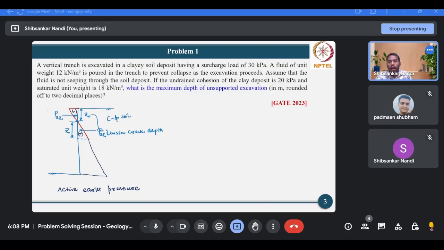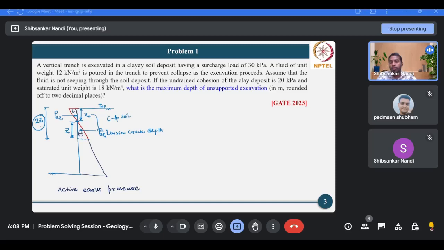So as a whole, we can realize that up to this 2Z0 portion from the top surface of the backfill, it is as if there is no pressure. No resultant thrust is acting on the wall. So we concluded that we can safely carry on the excavation, vertical excavation, up to a depth of 2Z0. Okay, so this was the maximum depth of unsupported excavation.